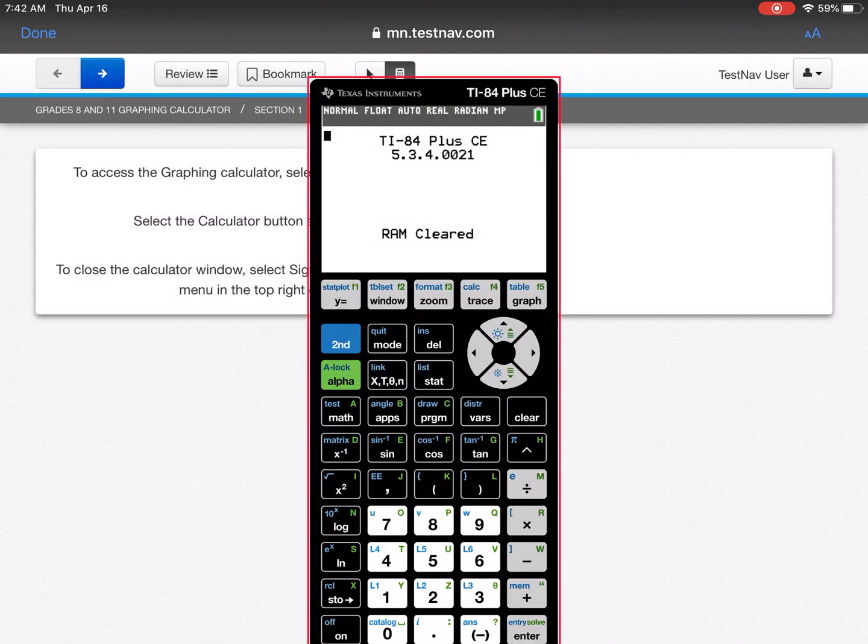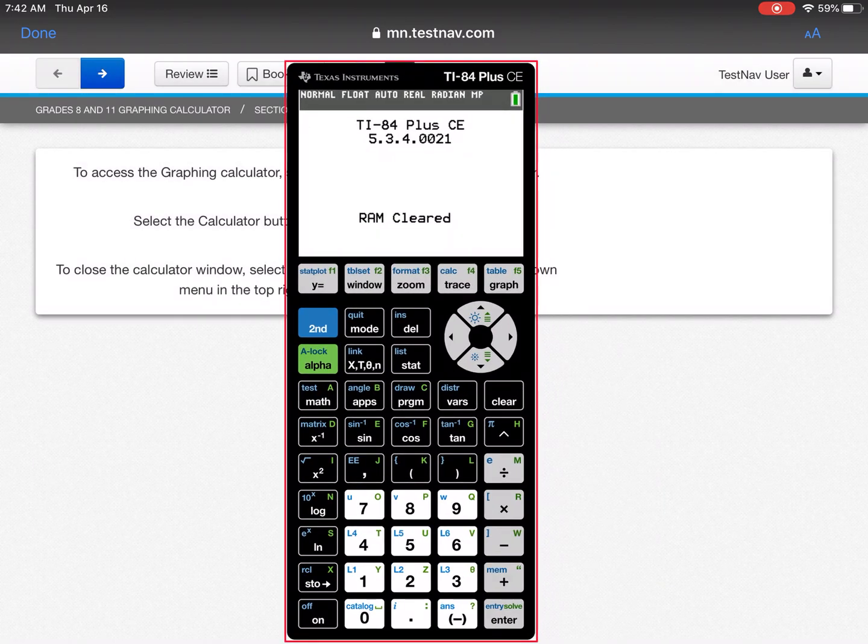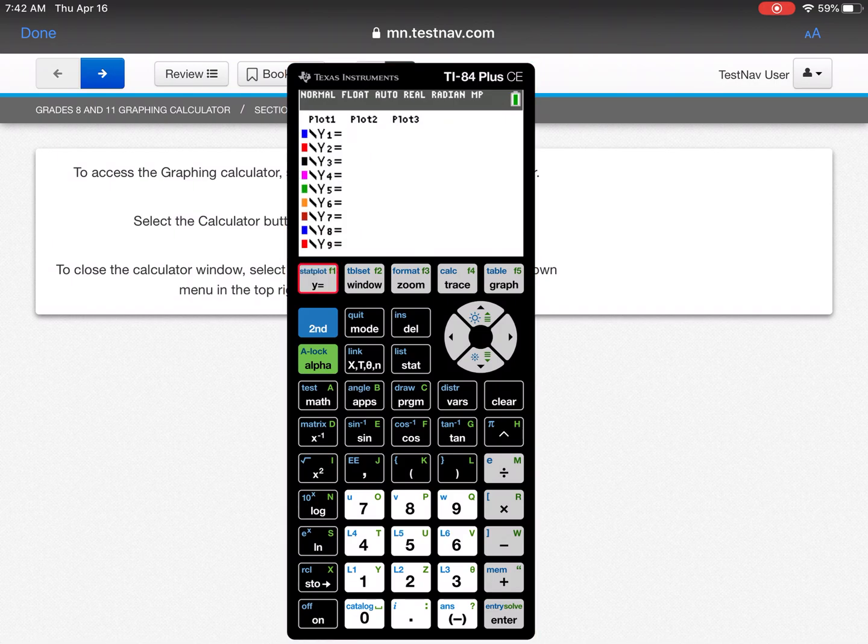All right, so the first equation, we're going to go y equals and type that in: 2.50x plus 2. The second equation was $2 per game plus 4 for a shoe rental. And we're going to go to graph. Now it looks like it is a little bit off the graph.